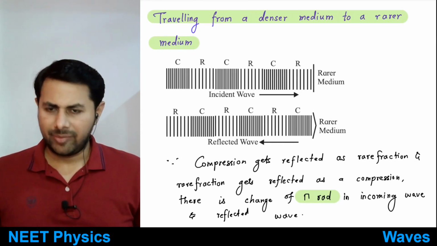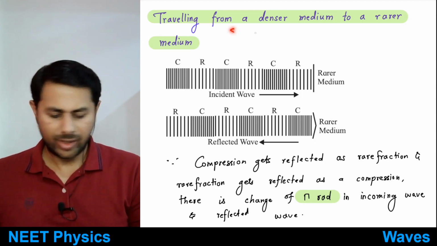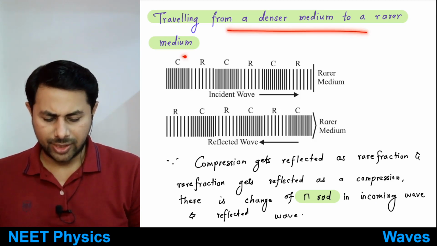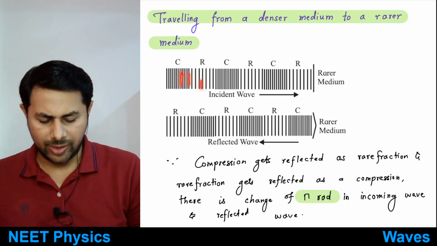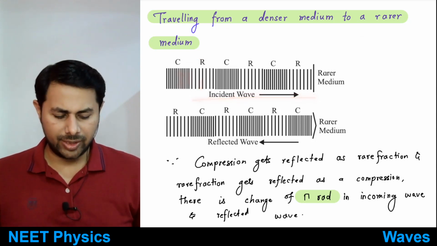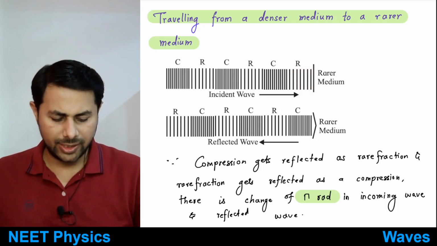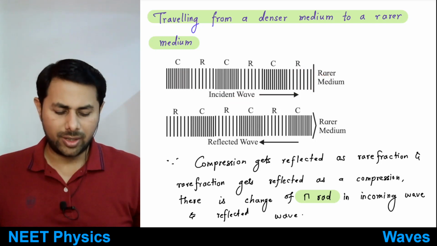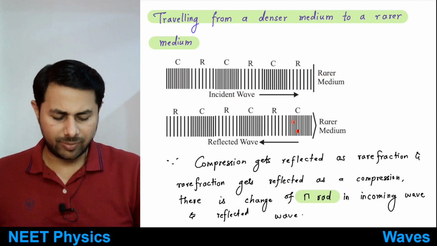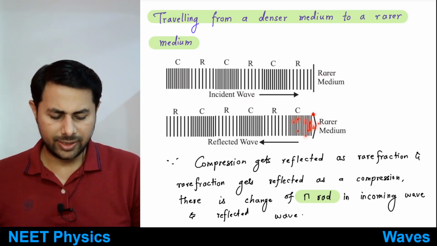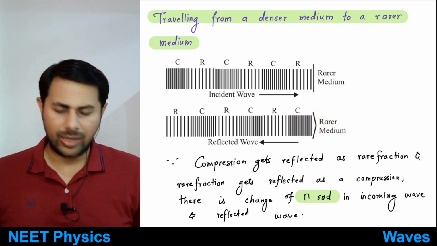Now you can imagine a longitudinal wave traveling from a denser to a rarer medium. So this is a longitudinal wave, it's traveling from a denser to a rarer medium. Okay, and suppose there is a rarefaction at this end, it hits the rarer medium, or you can imagine compression. Let's imagine compression. Okay, it hits the rarer medium. Now what will happen?